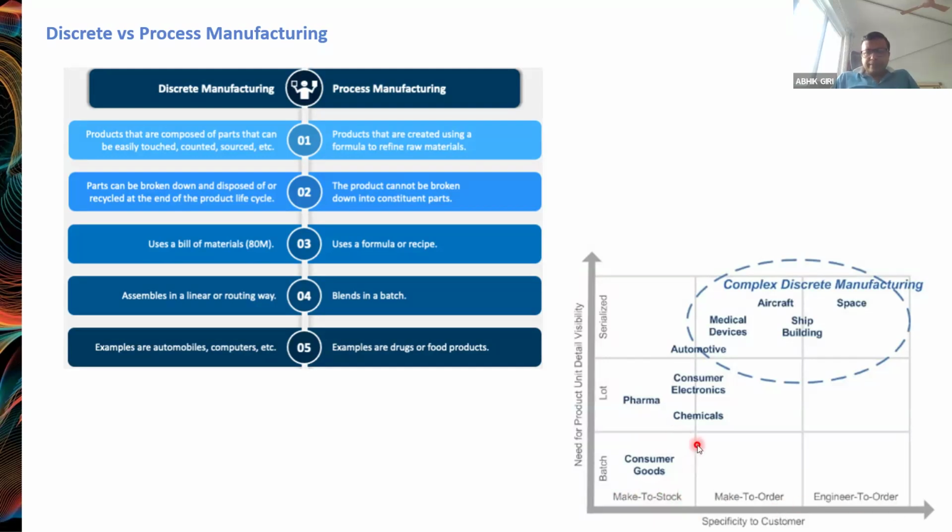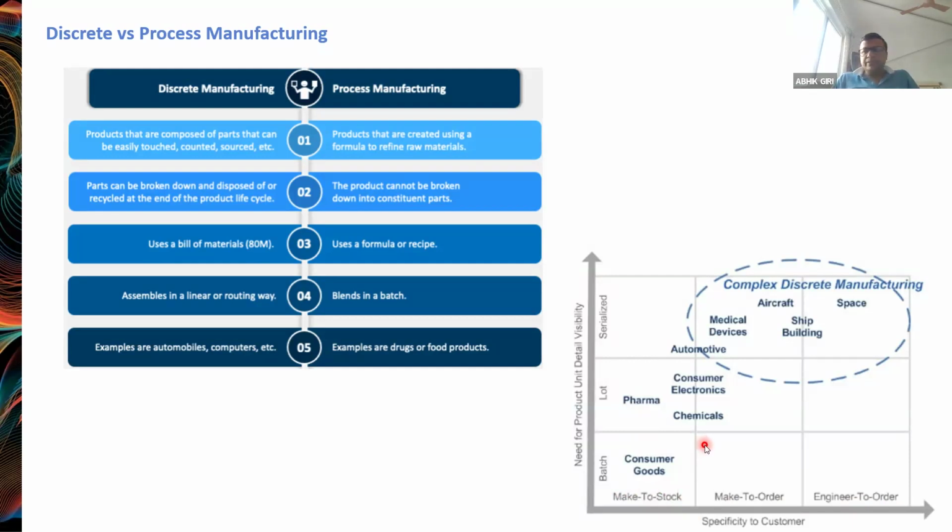But make to stock is for goods which are very fast moving, for example, any kind of consumer goods. Your toothpaste, your detergents, these are all make to stock, because there will always be a demand, and the demand can be easily forecasted because it doesn't have so much variability.